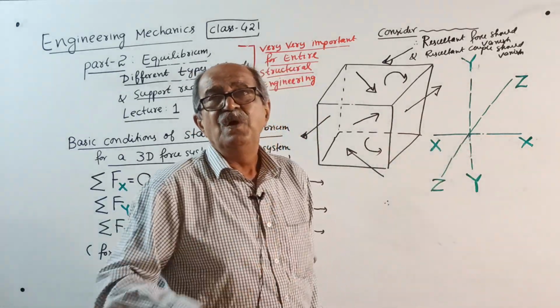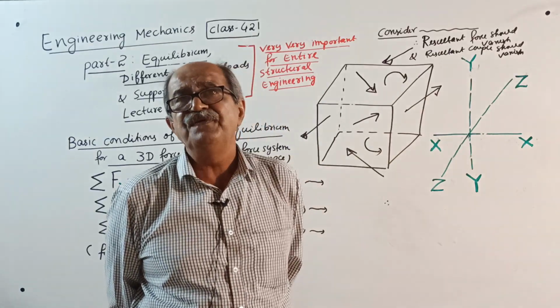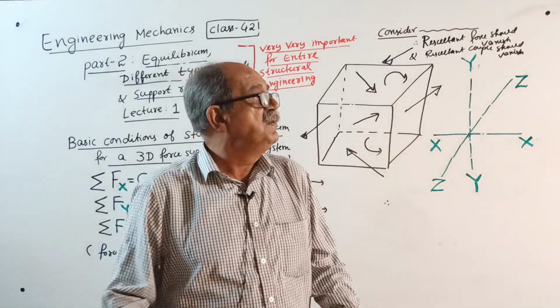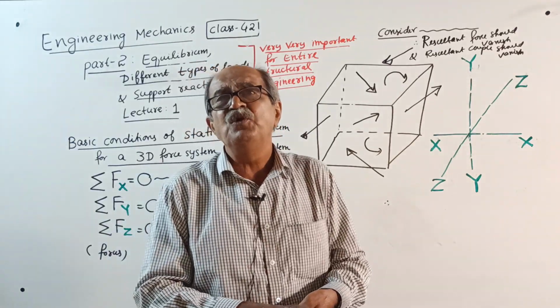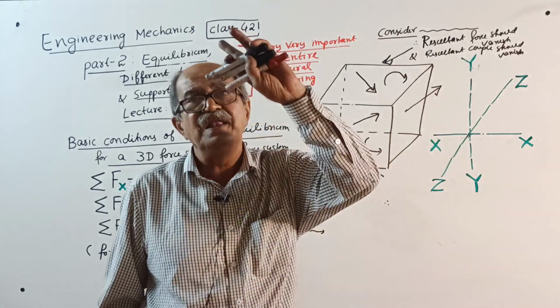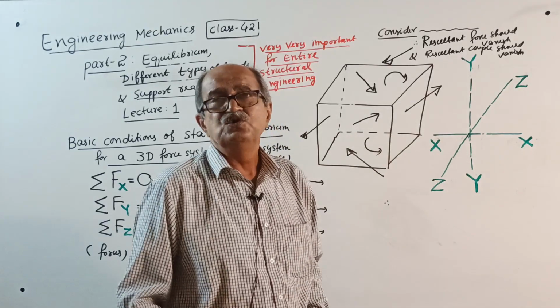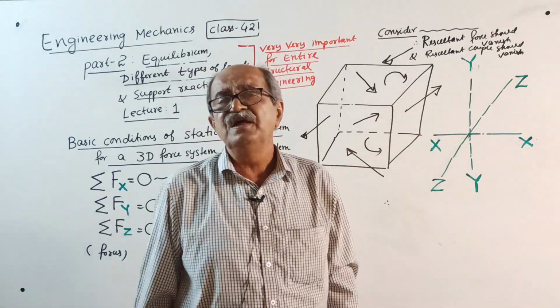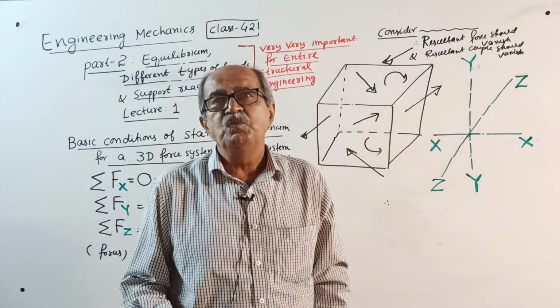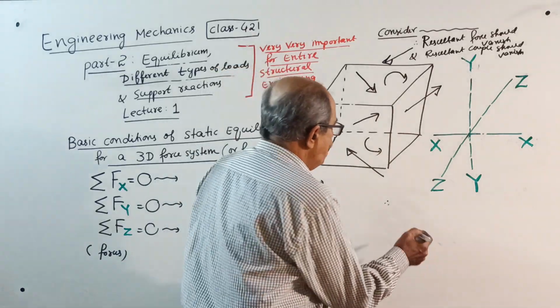About XX, see, when you consider moment, it is always about an axis. But in a coplanar system, you tell about a point. This I explained earlier. Go back earlier, study it. But I'll explain once again later. So when you consider a 3D force system, moment is always about an axis.